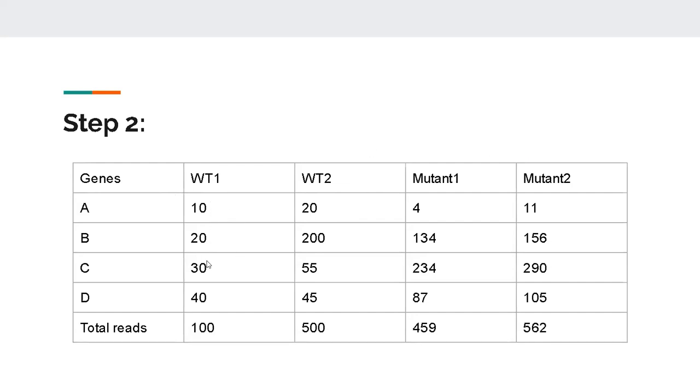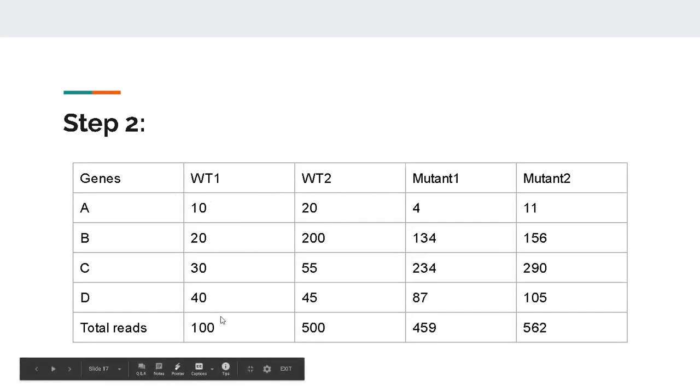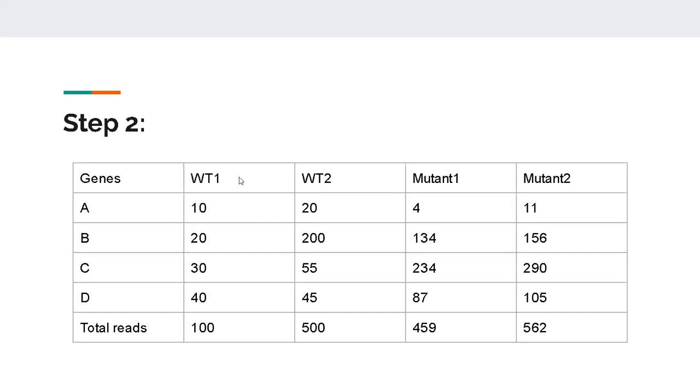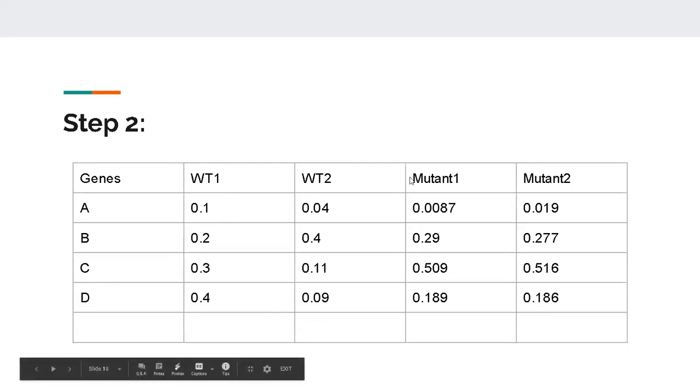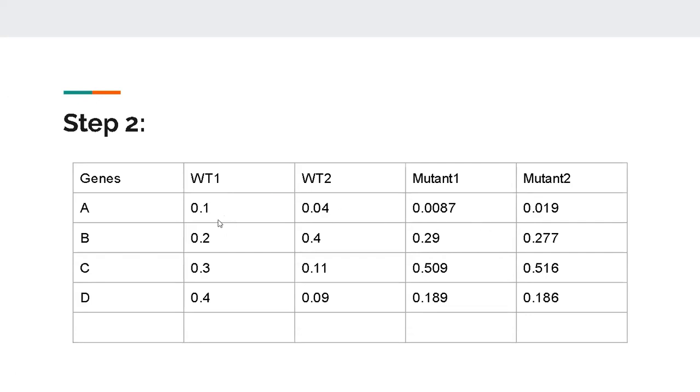So 10 plus 20 plus 30 plus 40, the total sequencing depth or library size for wild type 1 is 100. Then you can similarly count the total reads for wild type 2, mutant 1, mutant 2. Once you scale this, the scaled read count for gene A in wild type 1 would be 0.1, 10 divided by 100, and so on and so forth. So we can do this exercise for all our samples. We will scale it by the sequencing depth.